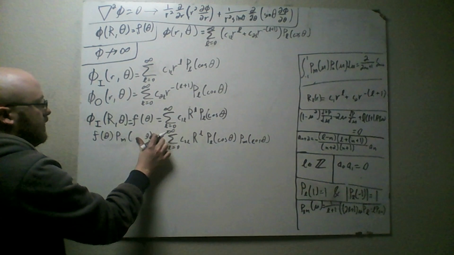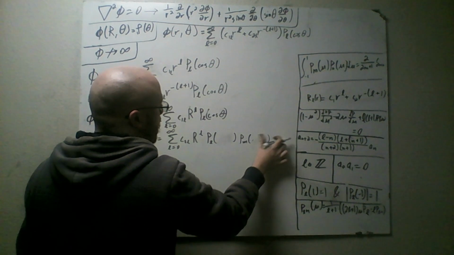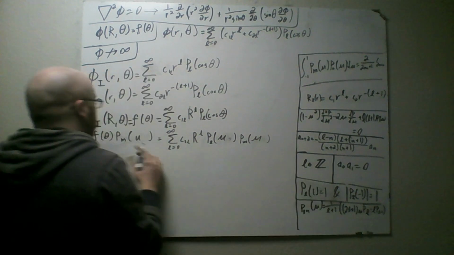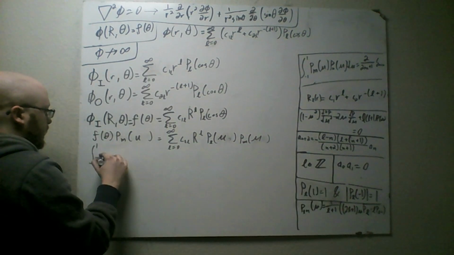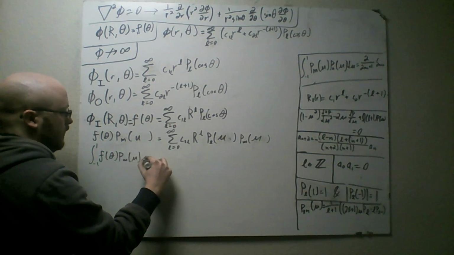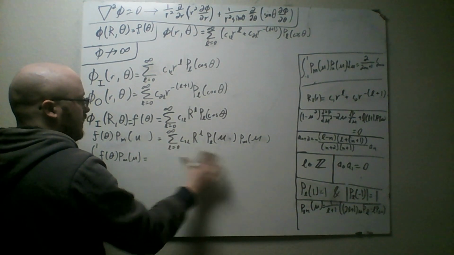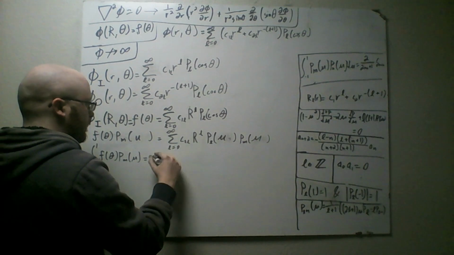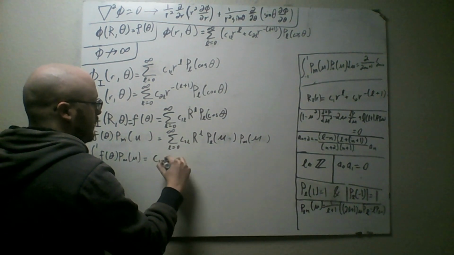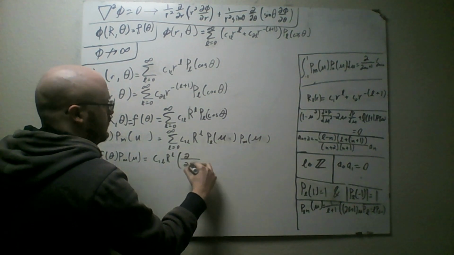So now we integrate both sides. Well, we could just make this substitution now, but mu is cosine theta. It's a u-sub. I'm just trying to do it early. Now, if we integrate both sides from -1 to 1, f theta PM mu equals, we do the integral, we switch the signs, everything cancels out except this, so this guy ends up becoming C1L R to the L times 2 over 2m plus 1.